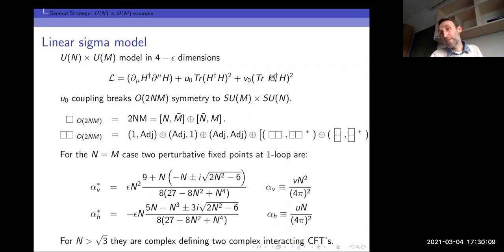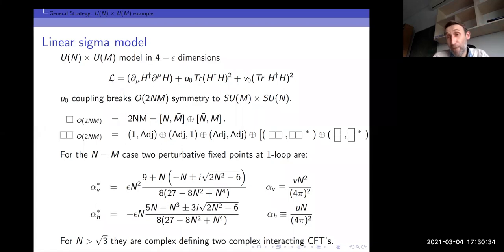This other coupling is basically the O(N) coupling written in terms of the H matrix fields. I didn't show the definition here, sorry for that, but it's basically the rewriting of our N-component scalar field in terms of the matrix. So this coupling is really the O(N) coupling V. You always have an O(N) limit if you put the coupling U to 0, and that's why this model is very nice.